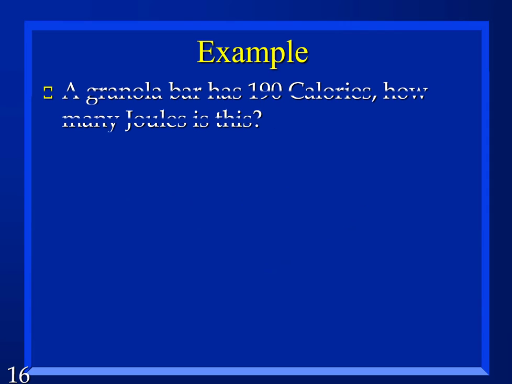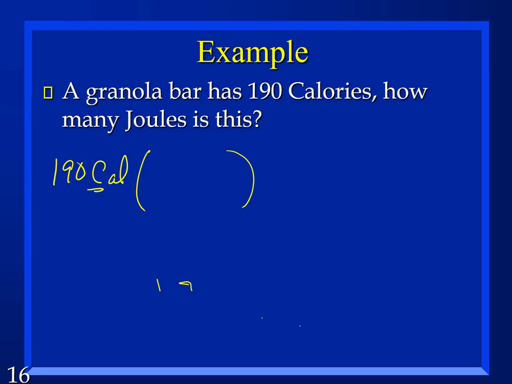So a granola bar has 190 calories. How many joules is that? So 190 capital C calories. I can't go from capital C calories to joules, but I could go from capital C calories to little c calories.